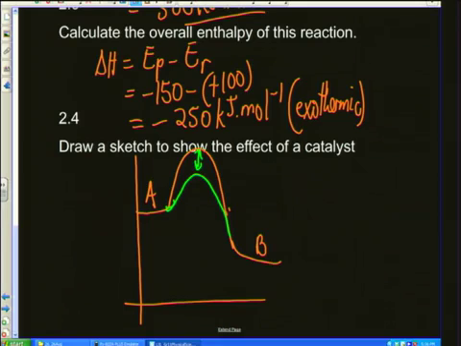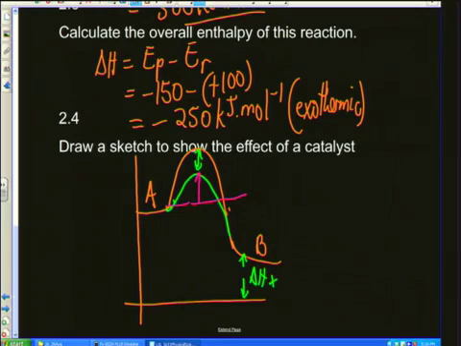It is not going beyond this, because it can't have an effect on the delta H. It can only have an effect on the activation energy there. Okay, so if you look at this, you can say that was the starting point.